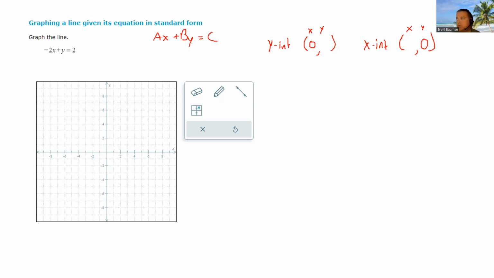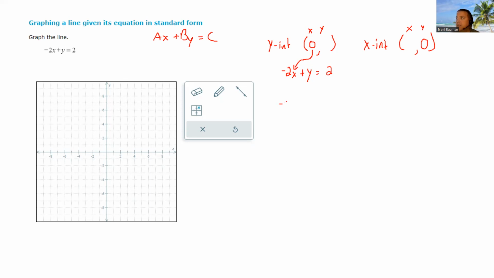So what we're going to do is take our equation, negative 2x plus y equals 2, and plug in or evaluate for x equals 0. And then that will tell us what y equals.